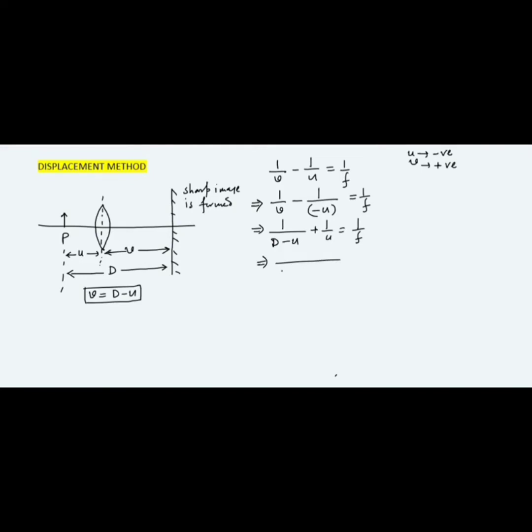So this gives us (u plus D minus u) upon (D minus u) into u is equal to 1 by f. So the u goes, and it remains D upon (D minus u) into u is equal to 1 by f.